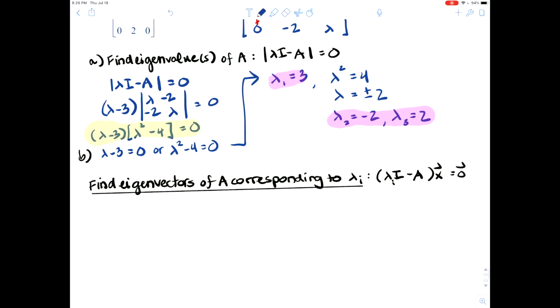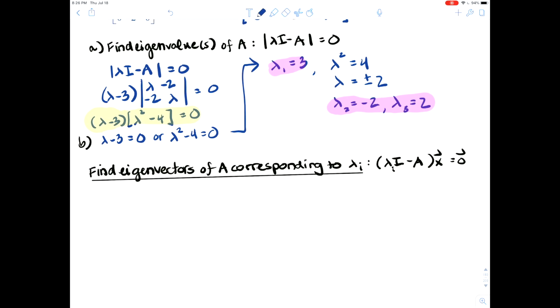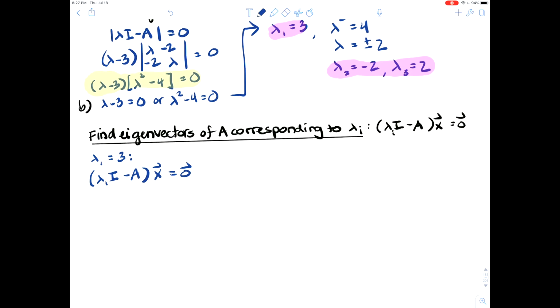So, moving right along, let's start with lambda 1, and that was equal to 3. Good so far? So, here we go. Lambda 1 times I minus A times the vector x equal to the 0 vector is what?